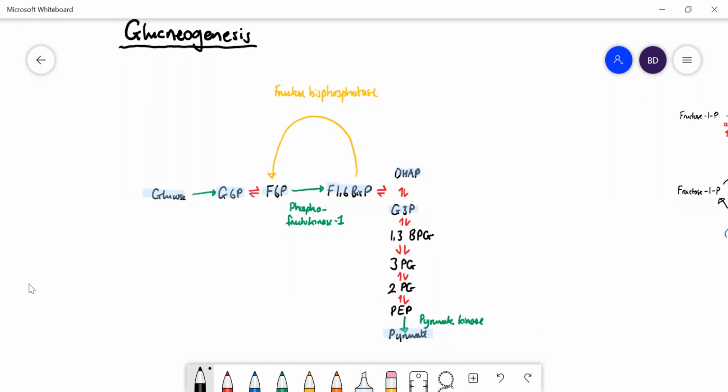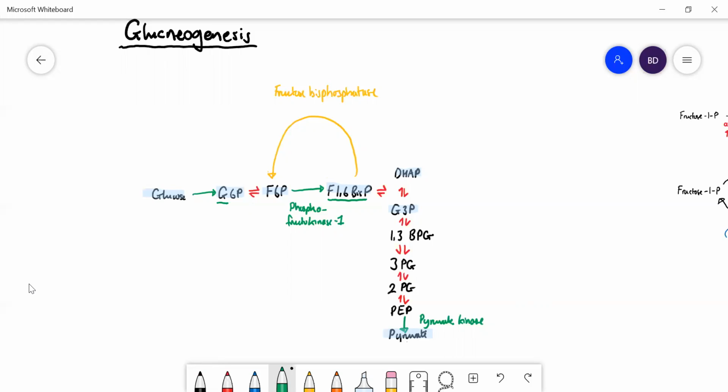Right, so what I've done in glycolysis is all the steps which are reversible I've done with red arrows, red reversible arrows. And you can see there are only 3 steps in glycolysis that are irreversible. So we've got the making of glucose 6-phosphate, that one there, phosphorylating fructose 6-phosphate to form fructose 1,6-bisphosphate.